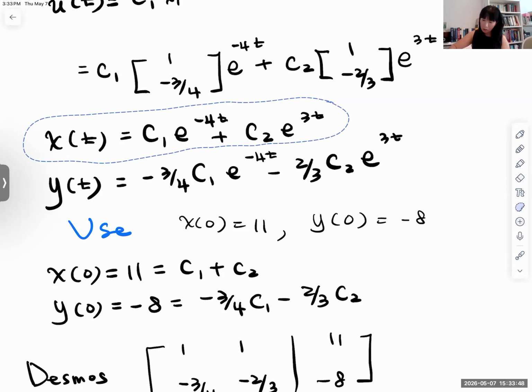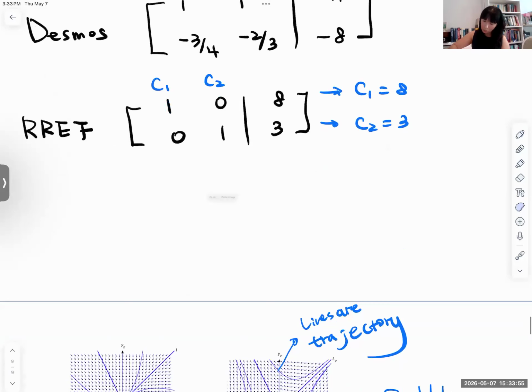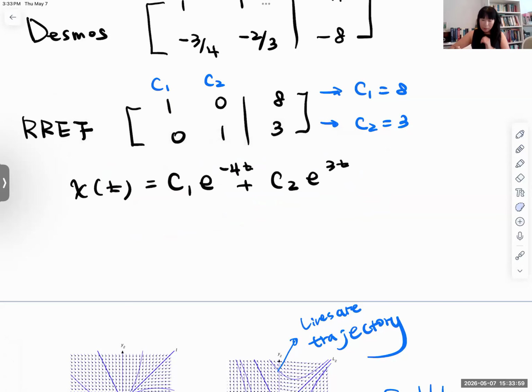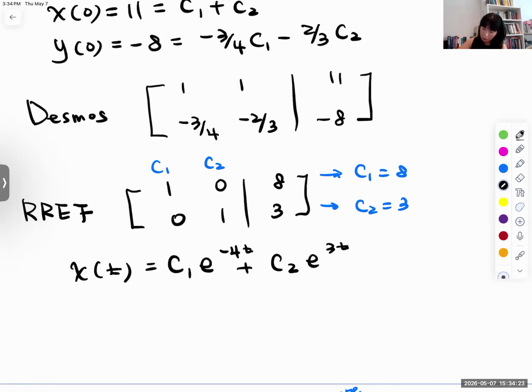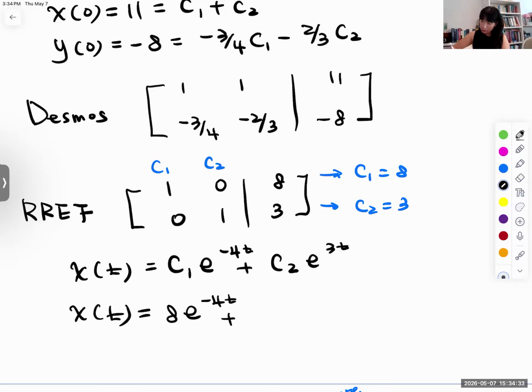So c sub 1 times the first term, which is 8 e to the -4t, plus c sub 2 times the second term, which is -3 e to the -3t, right?